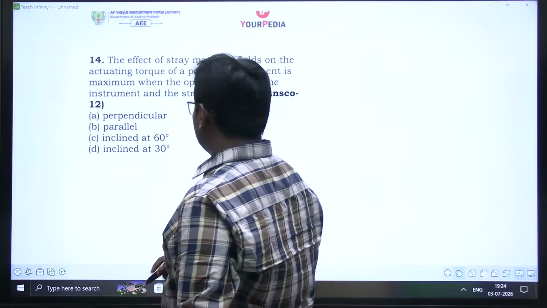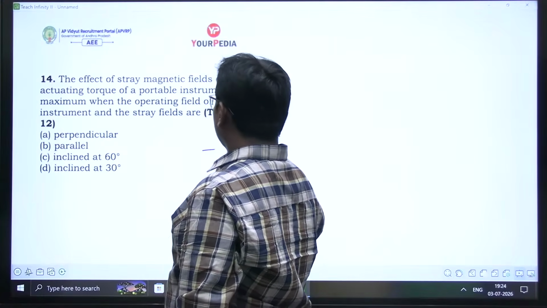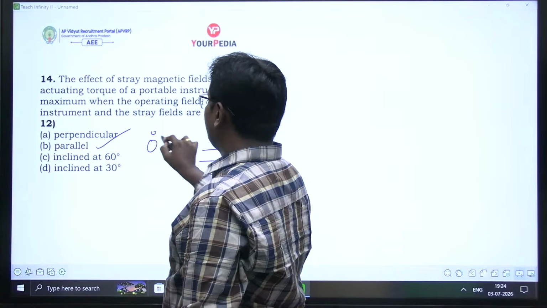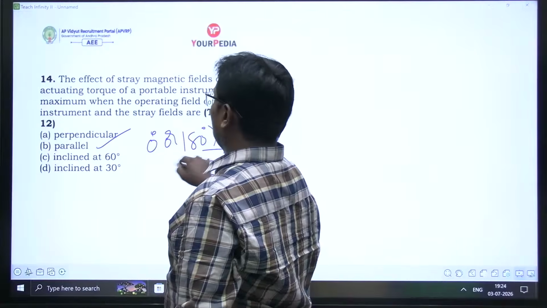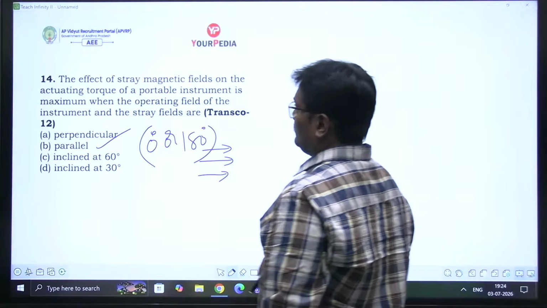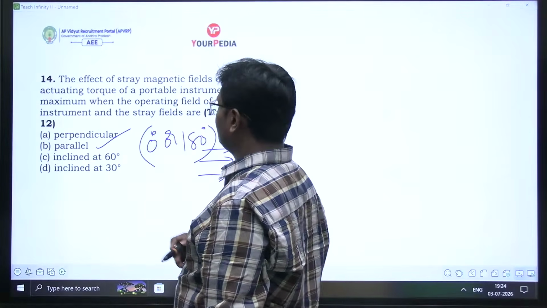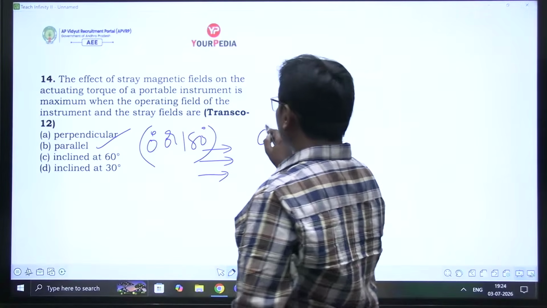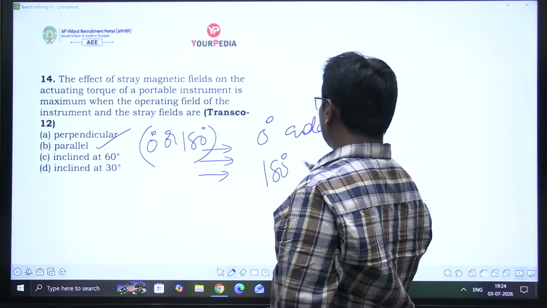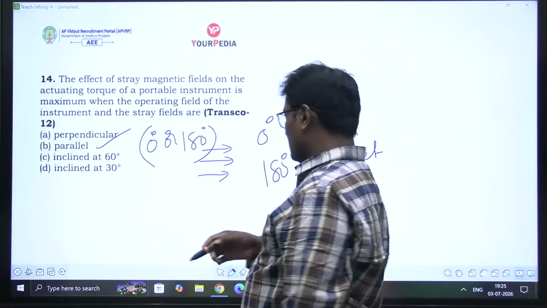It's a direct question. Parallel means either 0 degrees or 180 degrees. 0 degrees adds and 180 degrees subtracts. So anti-parallel, and 0 degrees means parallel.